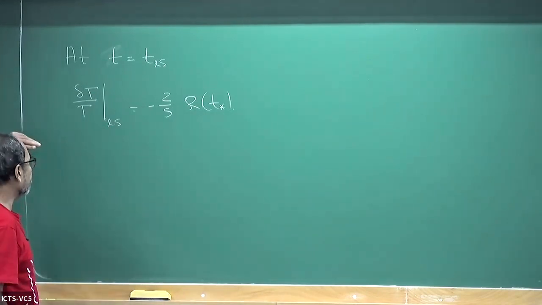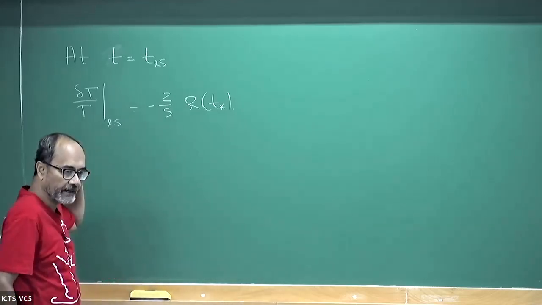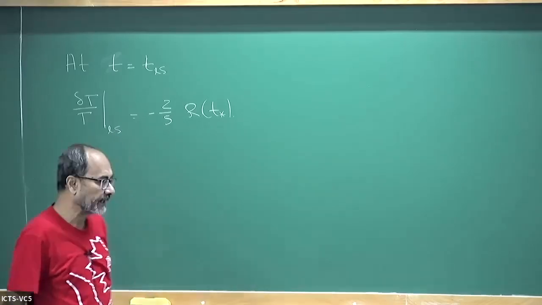The fact that you are doing this calculation at T last scattering was not very important. What was important is that this is in the matter dominant era. We didn't use any particular property of the last scattering surface.